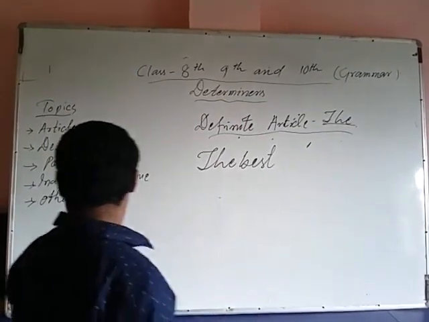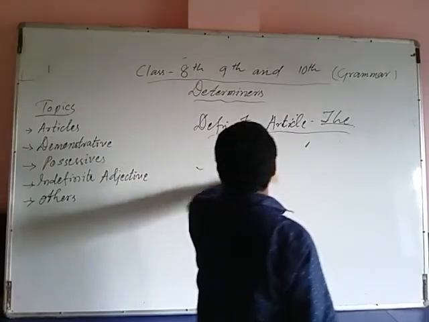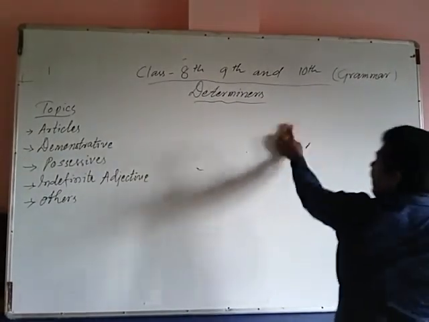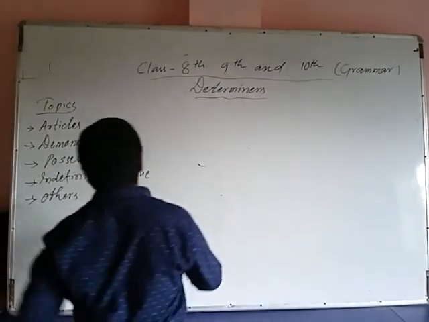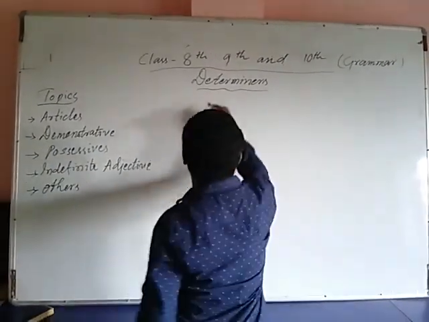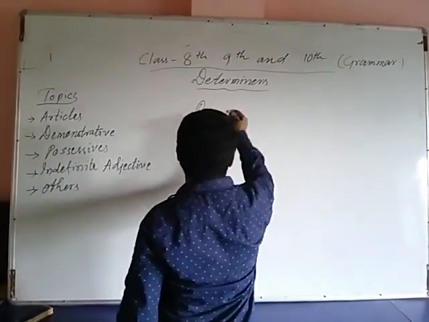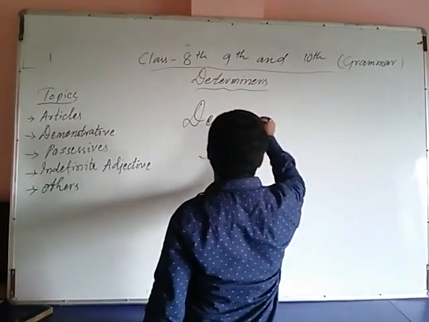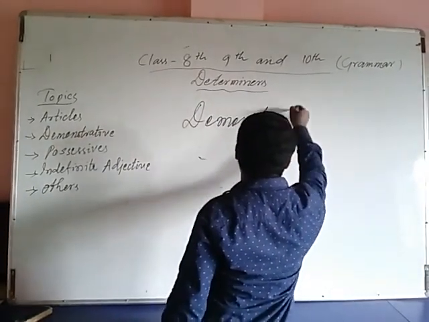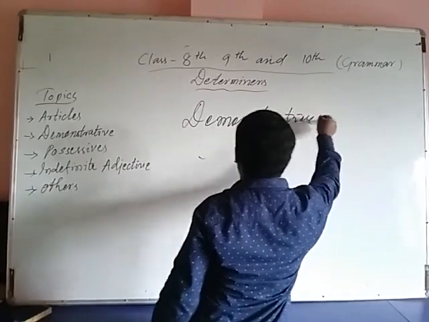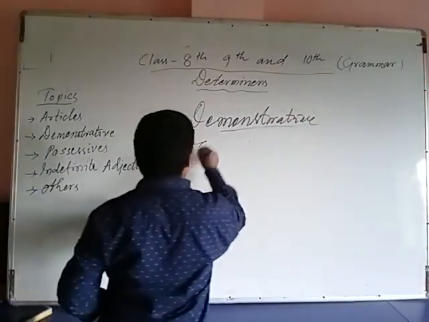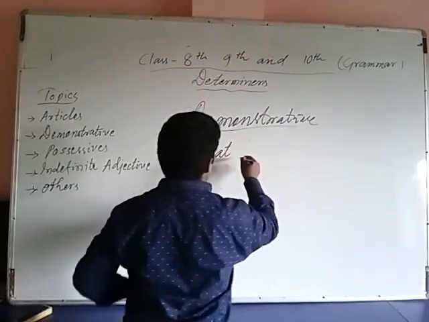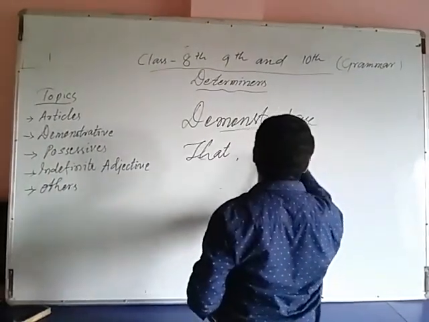So let's discuss another determiner. Another determiner is demonstrative determiners. Demonstrative determiners are of two types: that and this.